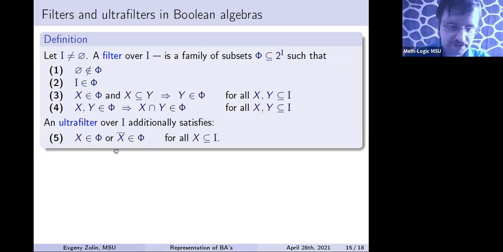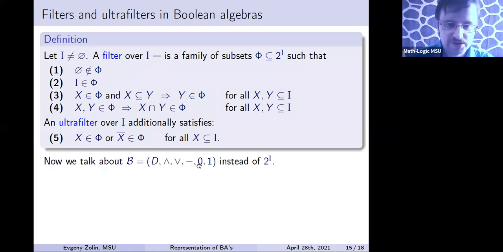And an ultrafilter over I has the additional property that for every set X, either X belongs to phi or its complement belongs to phi. But now we want to introduce the same notion, but for a Boolean algebra instead of the set of all subsets. Therefore, we simply rewrite this definition.